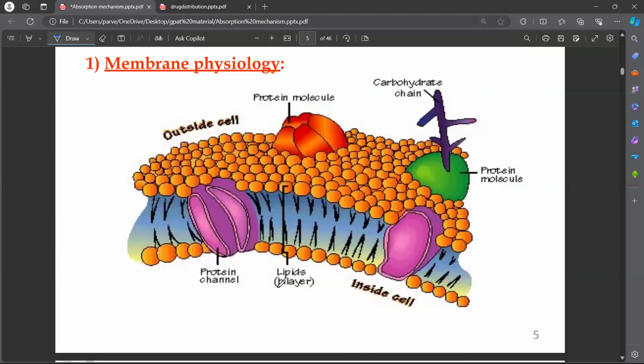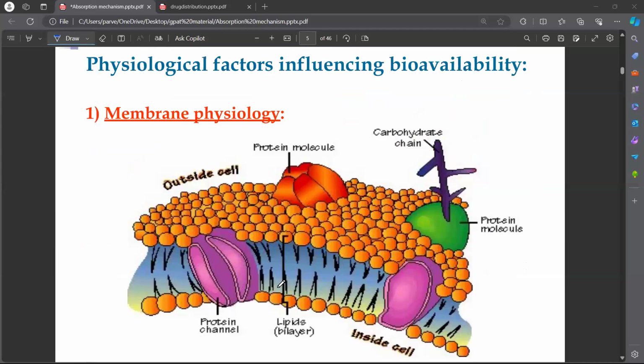Can anyone tell me what charge the membrane possesses? Come on, guys, answer my question. Does the intestinal membrane, the GIT barrier, possess a positive charge, a negative charge, neutral, or both positive and negative?